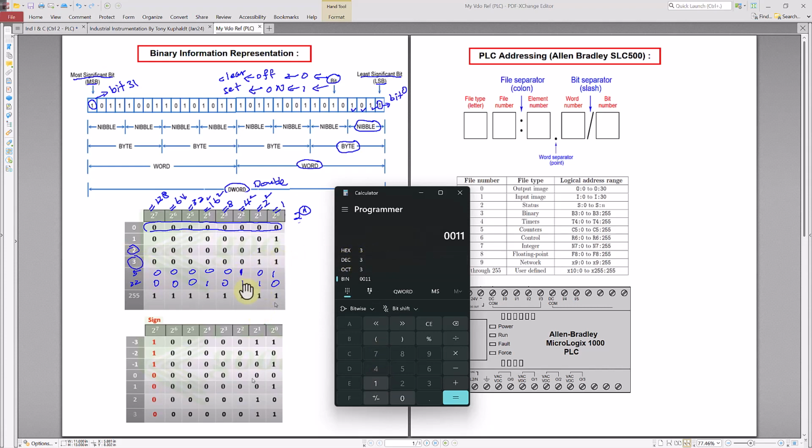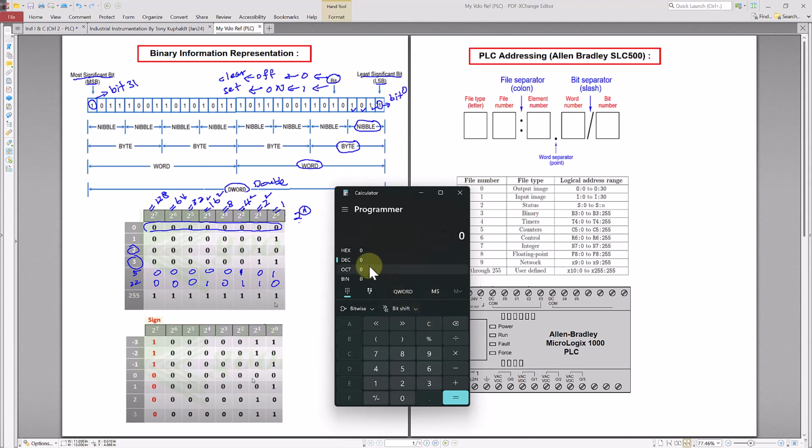How about 1 0 1 1 0? You type 1 0 1 1 0, and you get the decimal number 22, and so on.